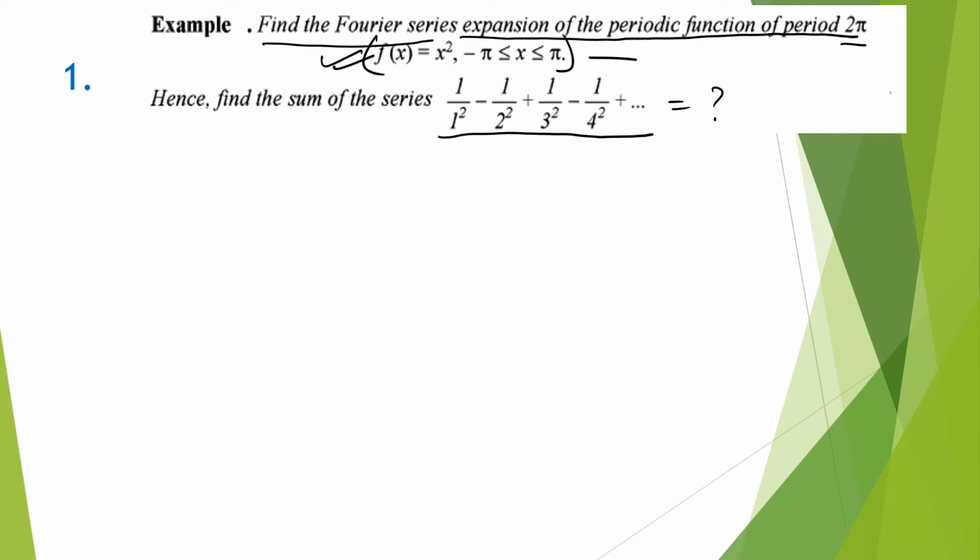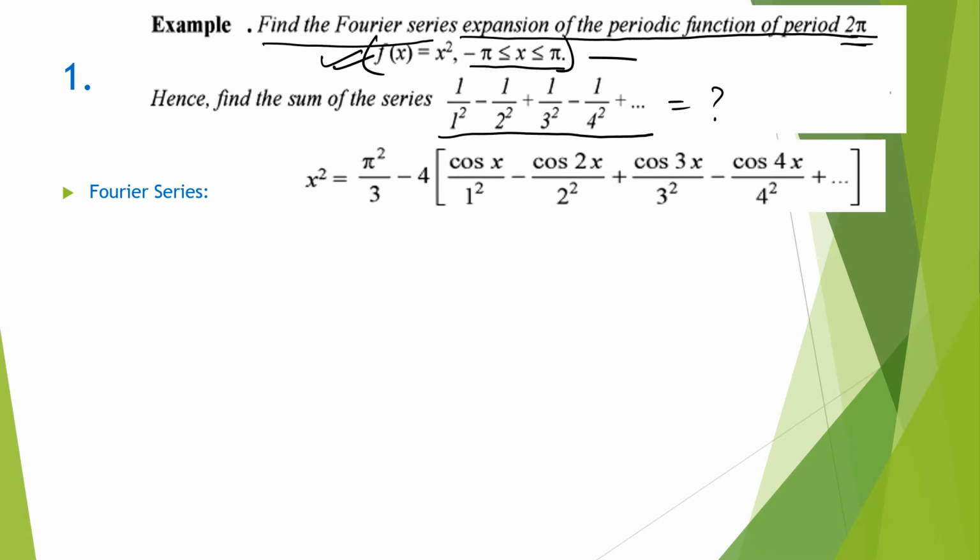First we solve the Fourier series for the interval of 2 pi, limit minus pi to plus pi, for the function f(x) equal to x square. f(x) = x square = pi square by 3 minus 4 [cos x by 1 square minus cos 2x by 2 square plus cos 3x by 3 square, and so on].